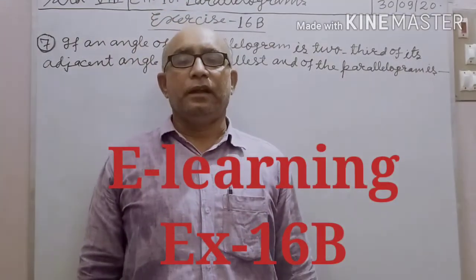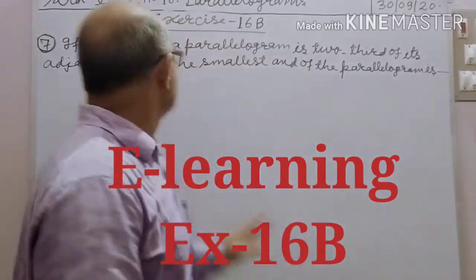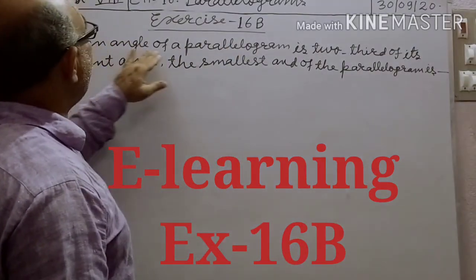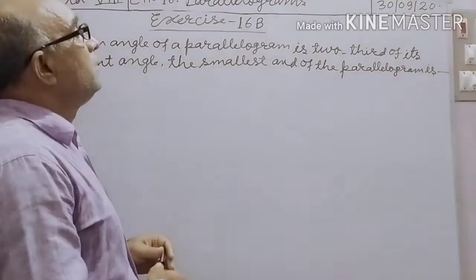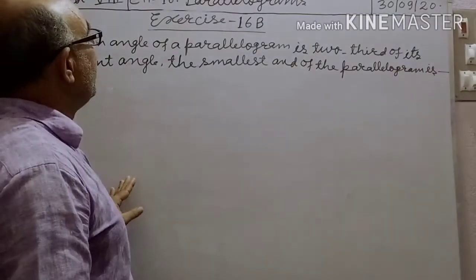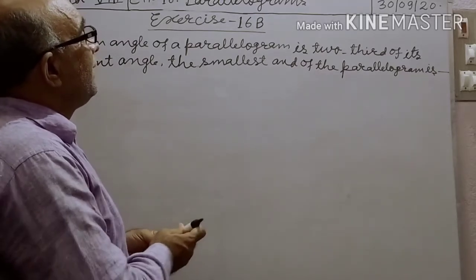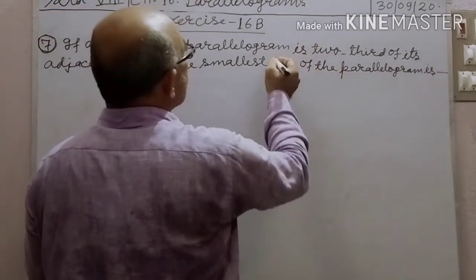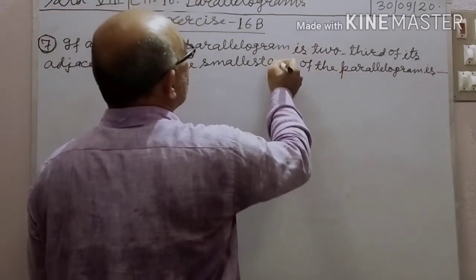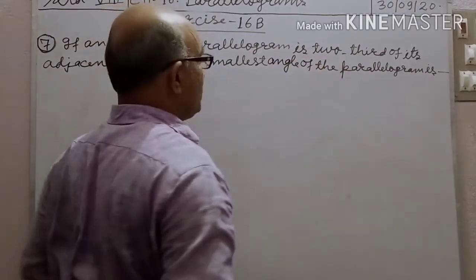Friends, next question is question number 7. In this question, if an angle of a parallelogram is 2/3 of its adjacent angle, the smallest angle of the parallelogram is?